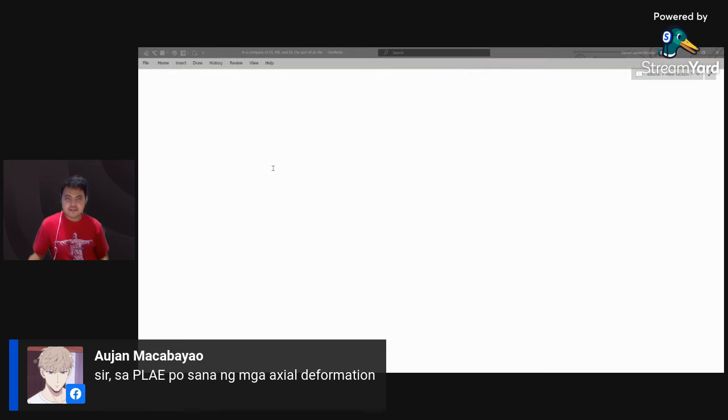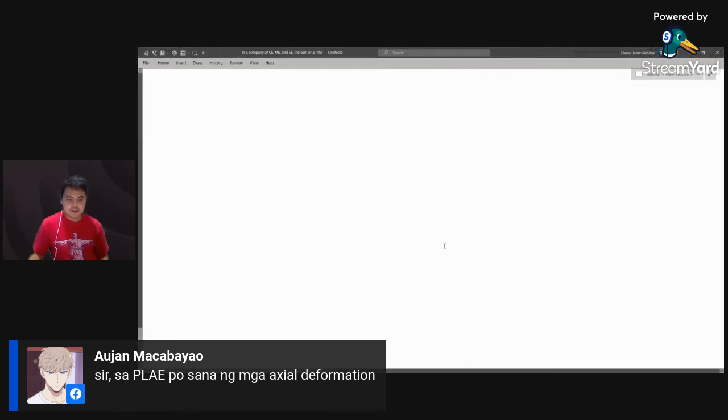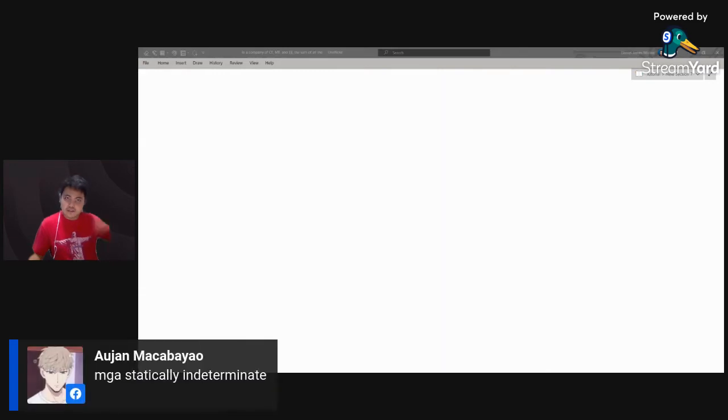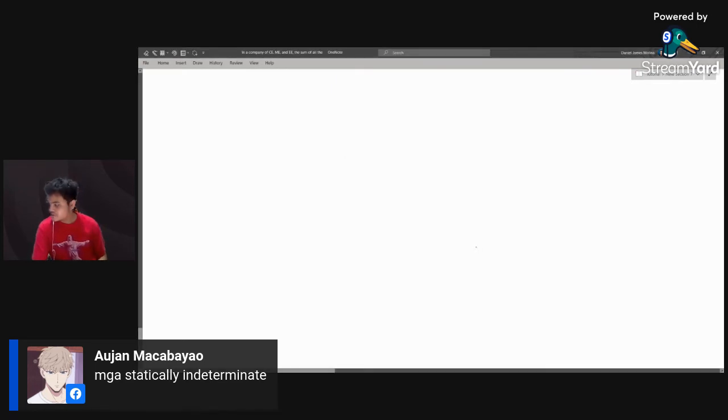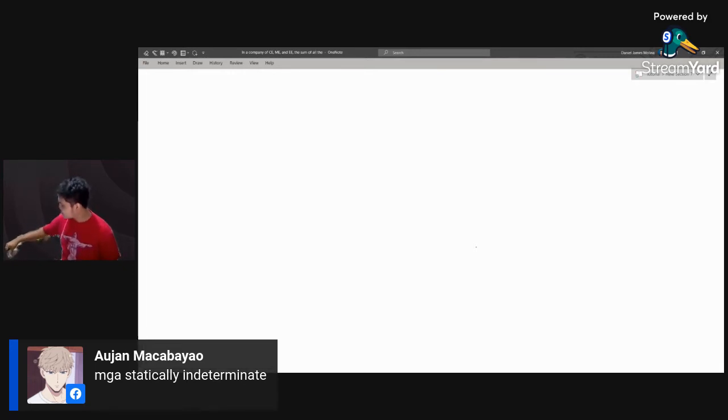PL over AE sa axial deformation. Statically indeterminate. Yan, baka kasi makuha tayo, no? Makopyright tayo dun sa figure, pero sige, isip tayo ng medyo maayos na problem. Hanap na lang ako. Ay, eto na lang.